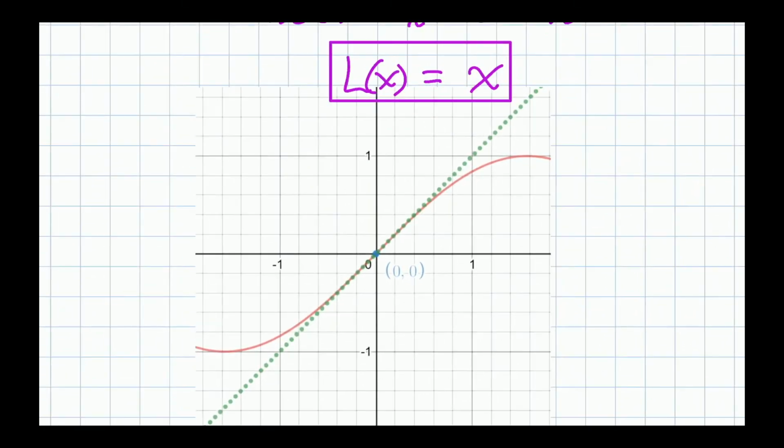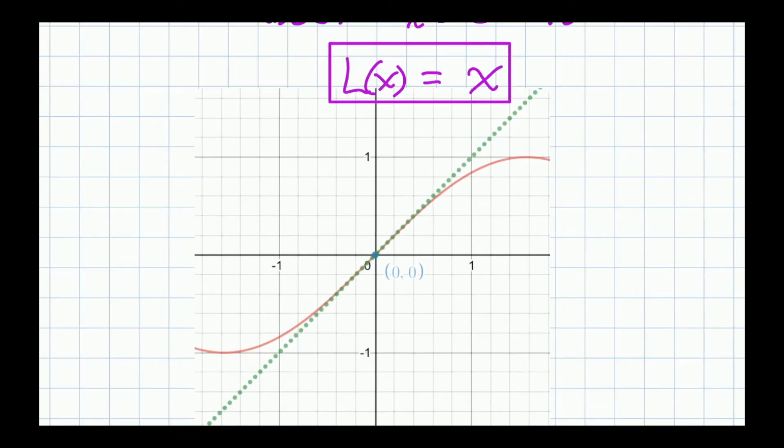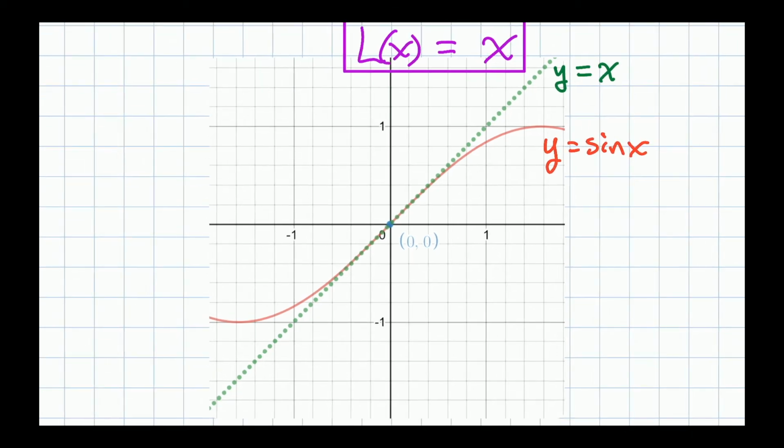There's a graph of it. The reason I wanted it here was I just wanted to make the point that the curve y equals x here and the curve y equals sine x, the red curve, are close together as long as you're close to this point 0, 0.